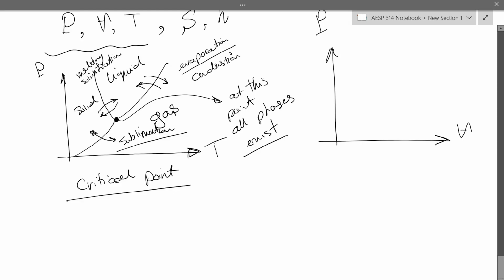Okay. We actually can have a different perspective when looking at evaluating the properties of water. We can look at the pressure-volume plots. A pressure-volume plot usually looks like this. These lines here refer to the state lines. It really depends on your temperature.